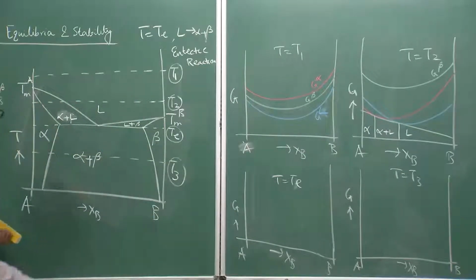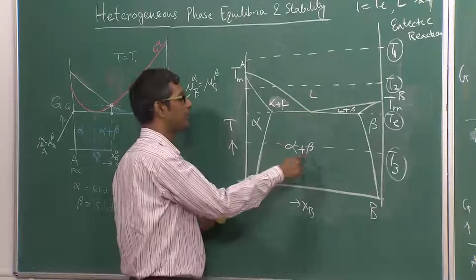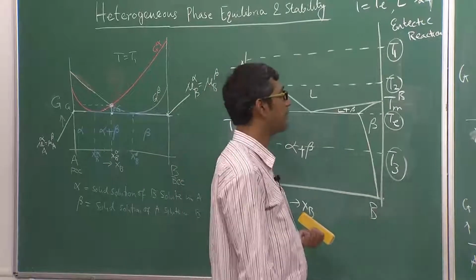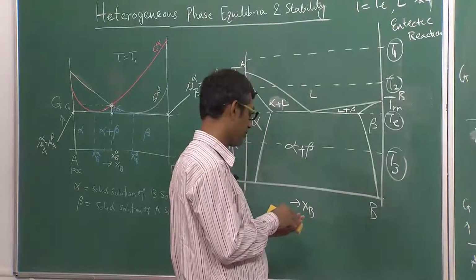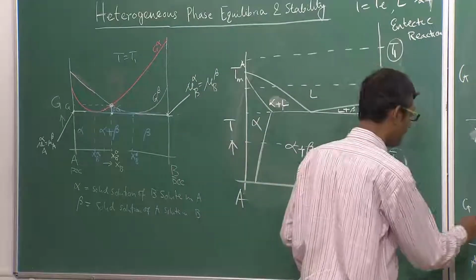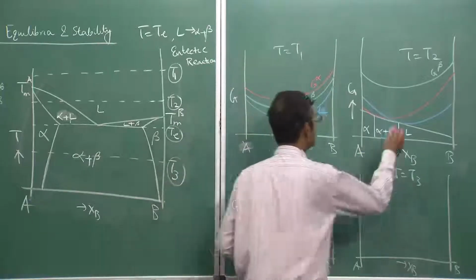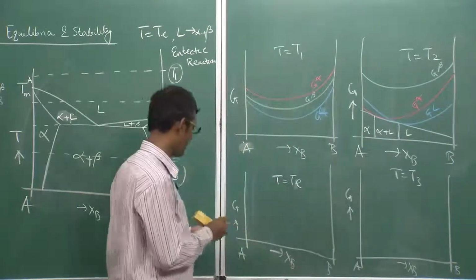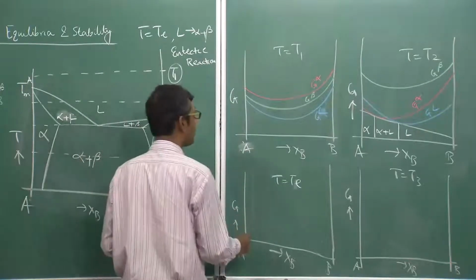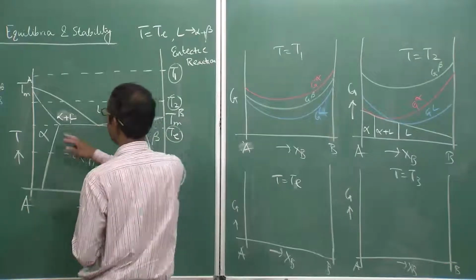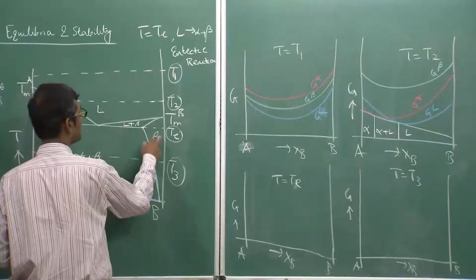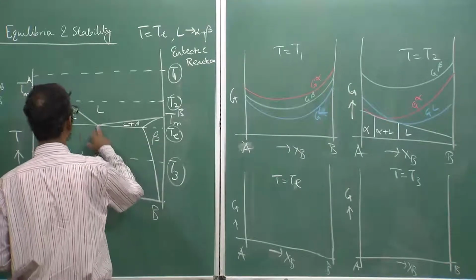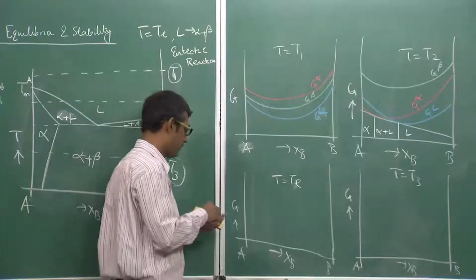At the eutectic temperature, the three phases liquid, alpha and beta are all stable at the same temperature. Therefore, they will have a common tangent. How is it possible? Let us do that. First I draw alpha; we should label alpha and liquid, otherwise you will not be able to follow clearly. Alpha is stable here, beta is stable there. So there will be a crossover between alpha and liquid here, a crossover between beta and liquid there, and at the center, all three curves will have a common tangent.